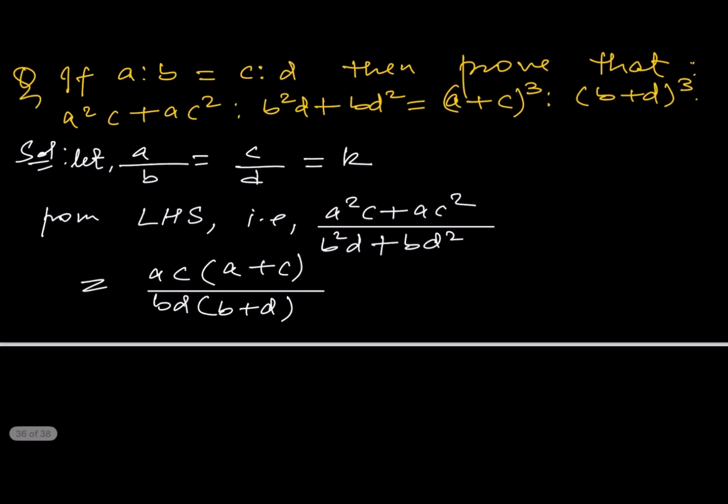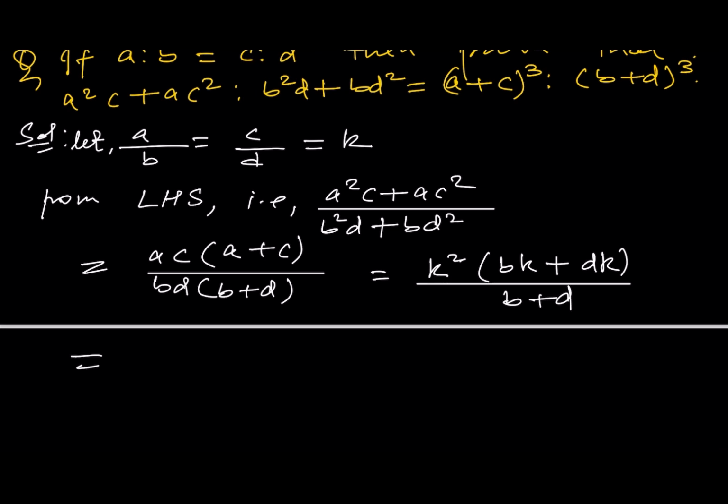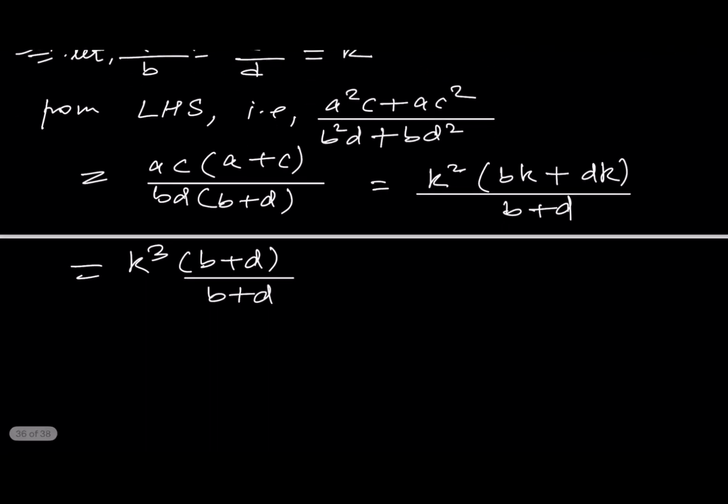Now, as A upon B is equal to C upon D is equal to K, so AC upon BD is K square times, I can write A as BK and C as DK by B plus D. So if I take K as common, then outside this is K cube and inside B plus D, and in denominator B plus D is already present. So what is remaining? K cube only, which is LHS.